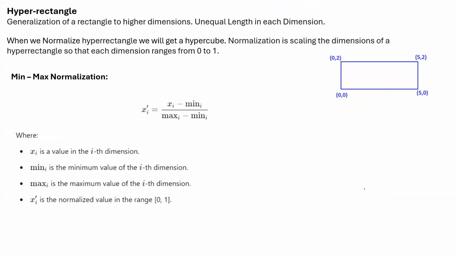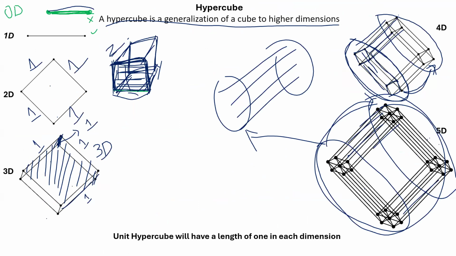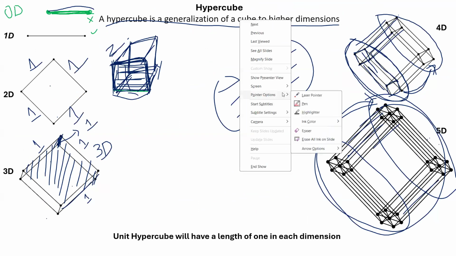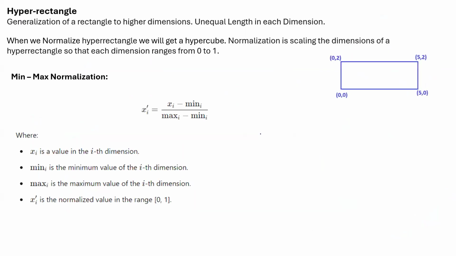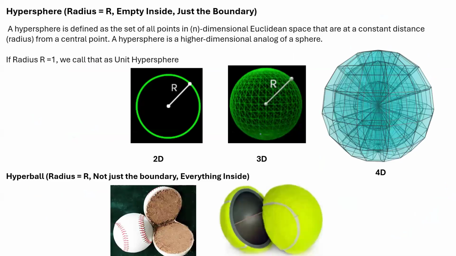And going back to the next slide. Hypercubes. We covered this as well. Now we talked about hypercube. You understood what a hypercube is, what a hyper rectangle is, and what normalization is.